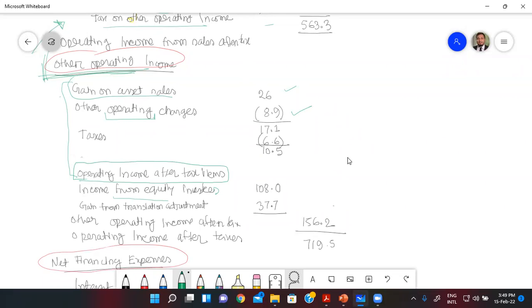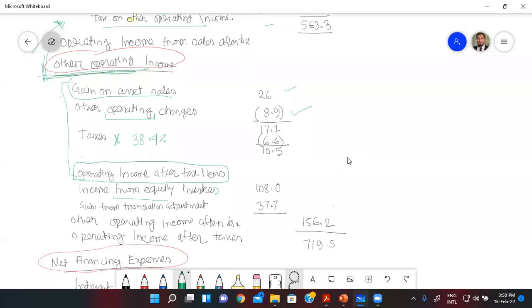And if I apply the tax percentage, what is the tax percentage? From footnote 6, you will see the firm's combined state and federal statutory tax rate is 38.4%. So you will always use the combined statutory federal and state, the maximum tax rate, as the marginal tax rate.